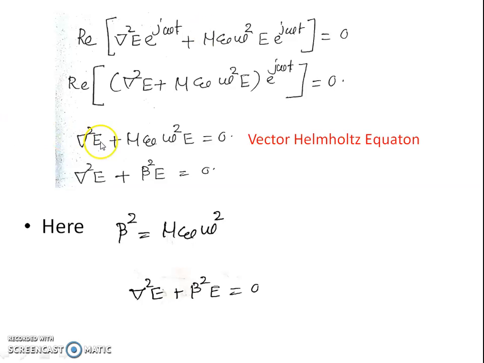That is, this del square E plus mu epsilon omega square E is equal to 0 is known as the vector Helmholtz equation. And this can be written as del square E plus beta square E is equal to 0. Here beta square is equal to mu epsilon omega square.